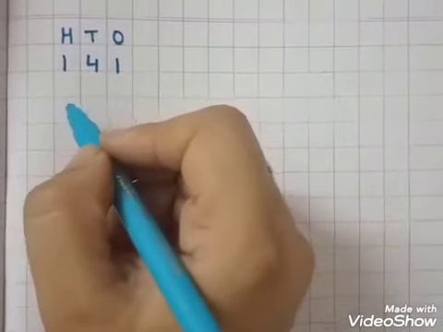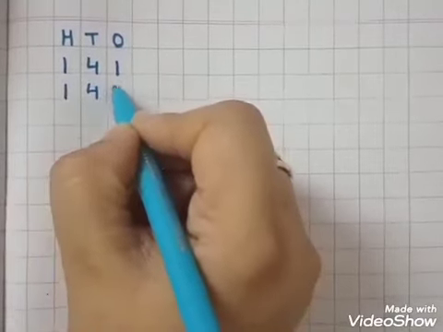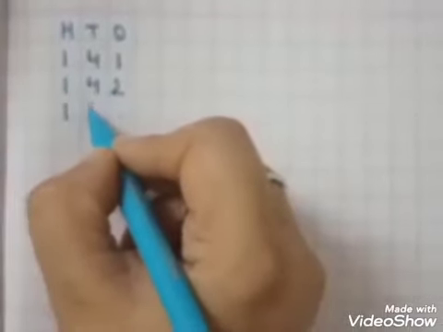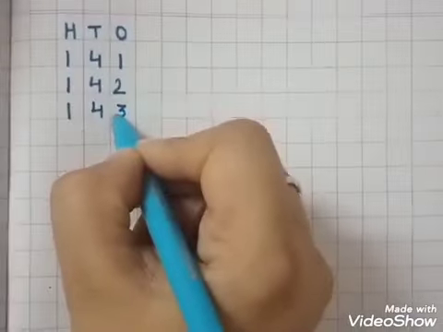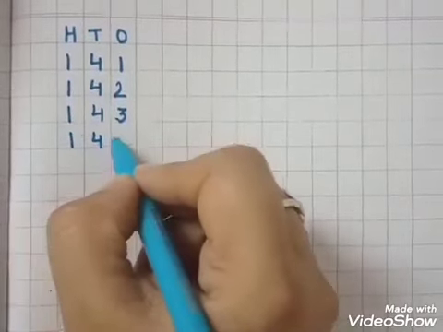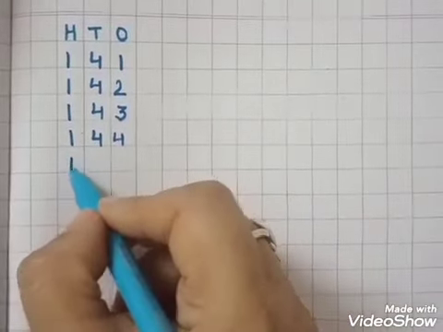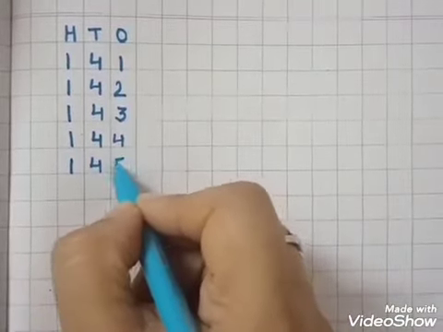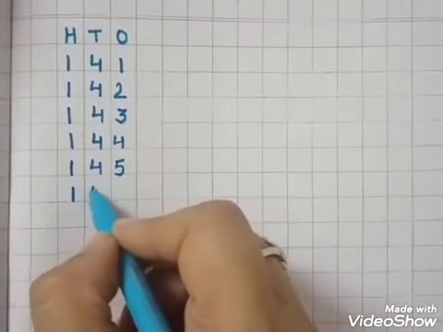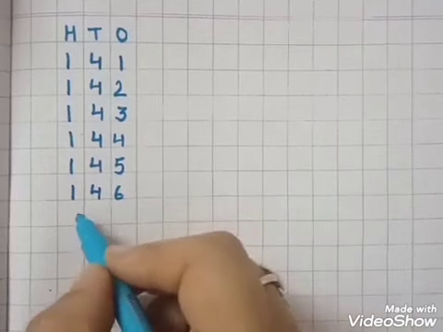It's 141. 1, 4, 2. 142. 1, 4, 3. 143. 1, 4, 4. 144. 1, 4, 5. 145. 1, 4, 6. 146.